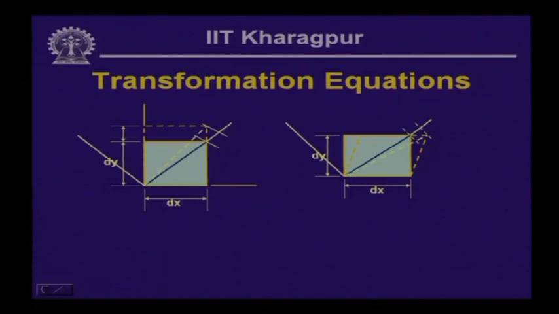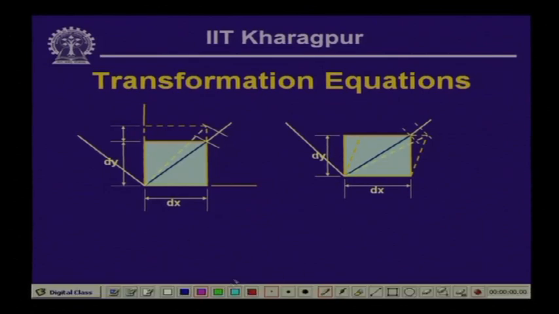Now, let us look into what happens if it undergoes strain in the y direction, and thereby the shearing strain. When this particular element, having length dx and dy, undergoes strain in the y direction, this is the x axis as we had defined, this is the y axis, and as per our definition the diagonal of this element represents the x dashed axis and perpendicular to that is the y dashed axis.